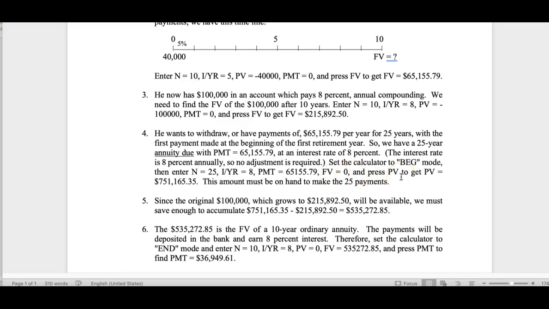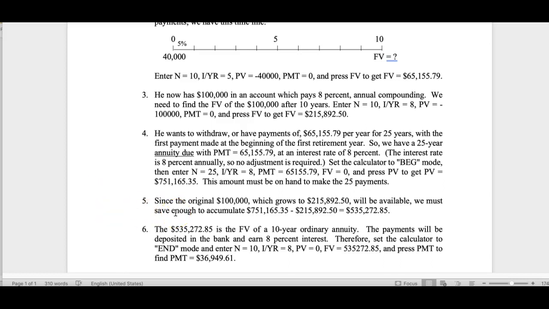To get this annuity for 25 years, we will find out that the present value equals $751,000. This is the amount he must have on hand in 10 years in order to be able to get the $65,000, or the $40,000 adjusted for inflation.